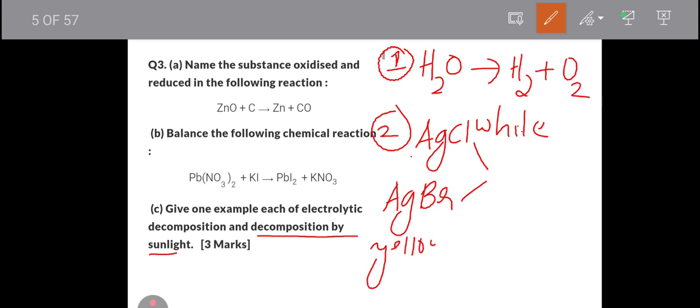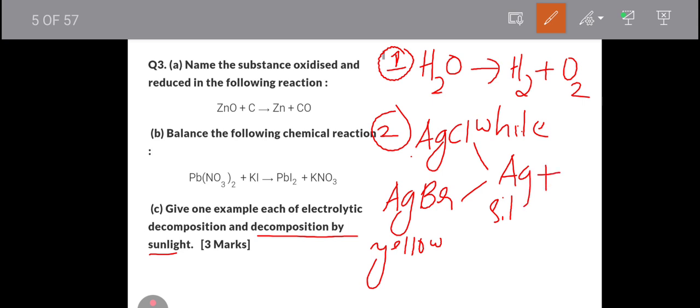Once we keep them in the sunlight, they undergo decomposition and a silver colored, or grey colored, product is formed. That grey colored product is due to the formation of silver.